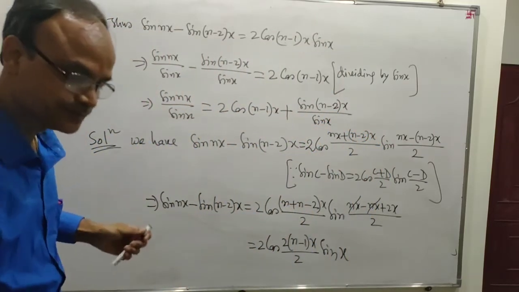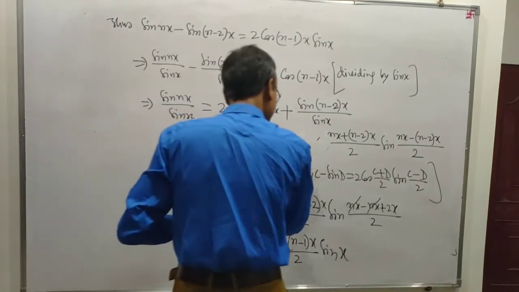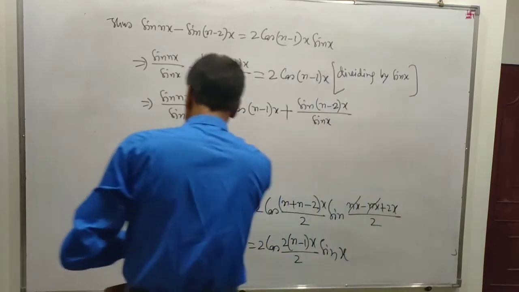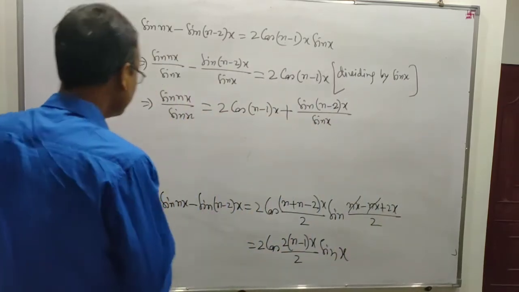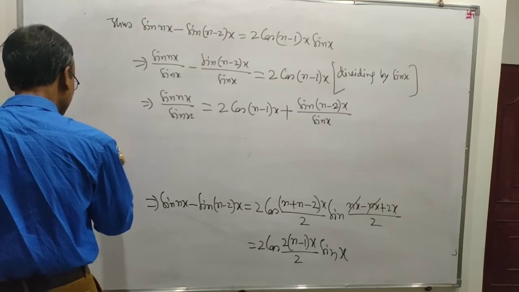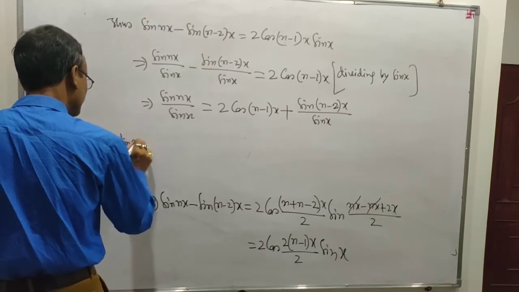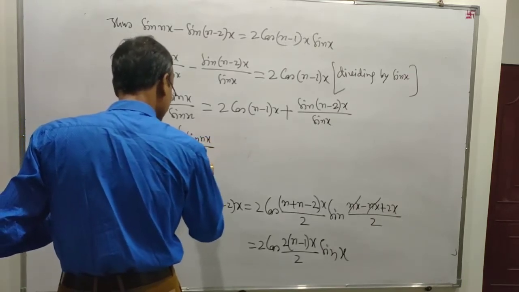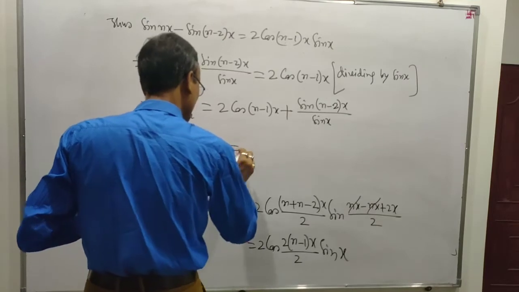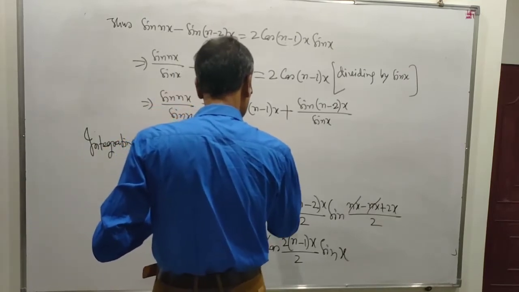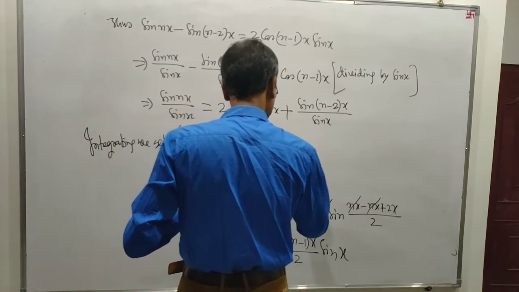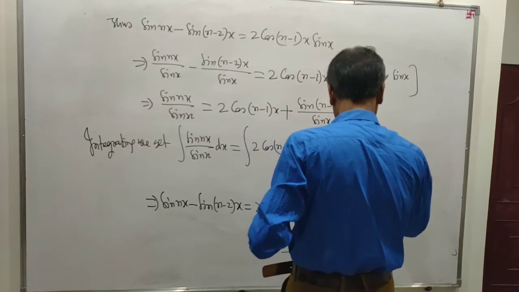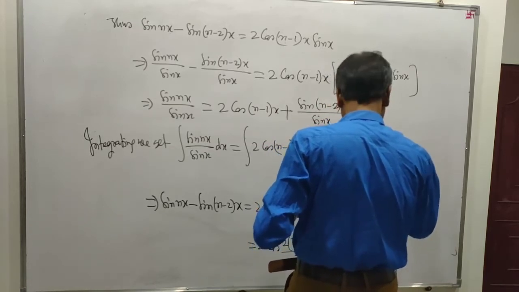Now integrating both sides, the integral of sin nx by sin x dx equals the integral of 2 cos (n minus 1)x dx plus the integral of sin (n minus 2)x divided by sin x dx.